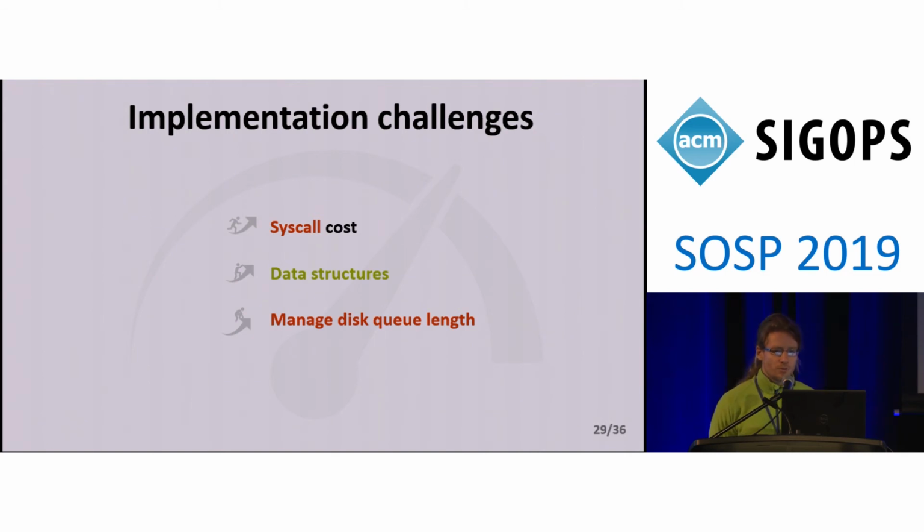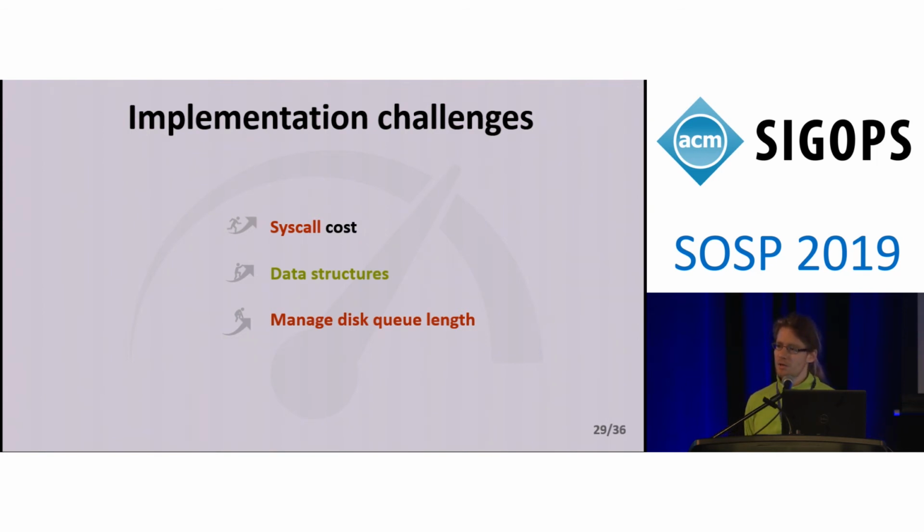There are obviously a few implementation challenges associated with this design, and most of the implementation challenges stem from the fact that the CPU budget per request is very small, on the order of a few thousand cycles per request. So we have to shave everything we can in order to achieve good performance. Most notably, we have to be very aware of system calls.